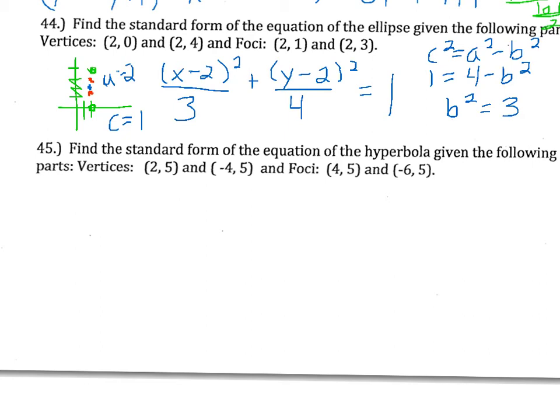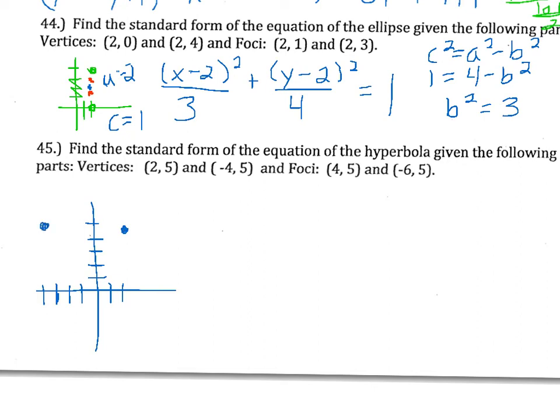For 45, we want to find the standard form of the equation of the hyperbola given the given parts. So for this hyperbola, we know that we have vertices at (2, 5) and at (-4, 5).